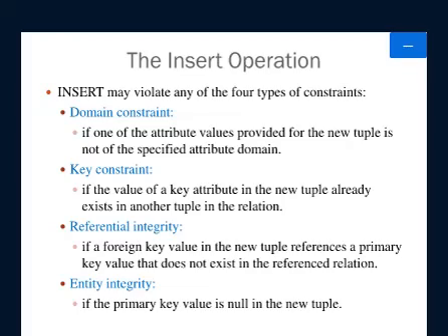Key constraint. What is key constraint? Key constraint is that no two tuples should be the same. Yes or no? For example, I have defined USN as a key attribute. When I define USN as a key attribute, the DBMS is very clear that it should not allow duplicate values.